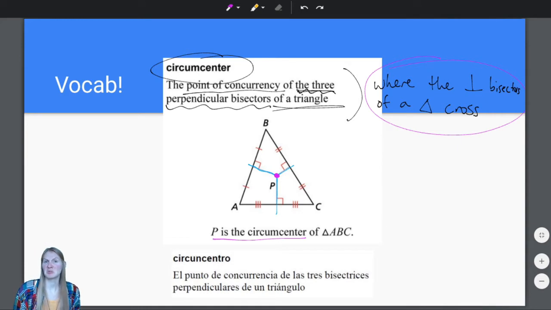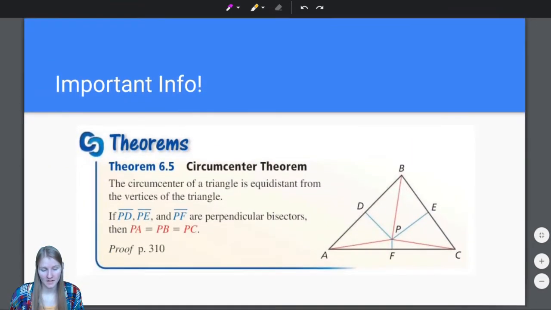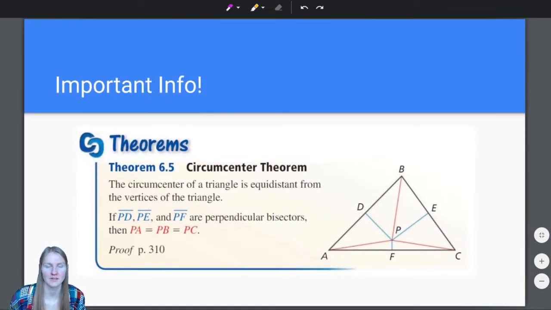Now, great. I know what a circumcenter is. Why the heck do I care about a circumcenter? Well, because of this awesome theorem: the circumcenter of a triangle is equidistant from the vertices.